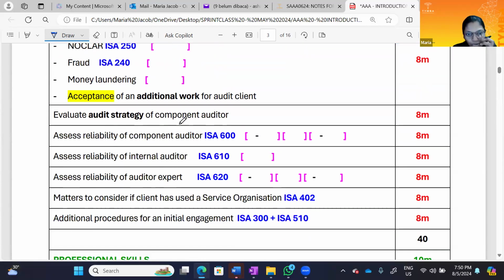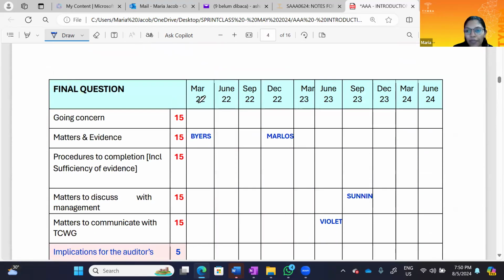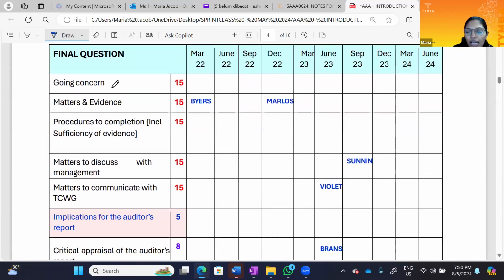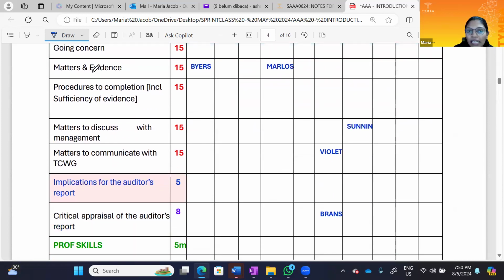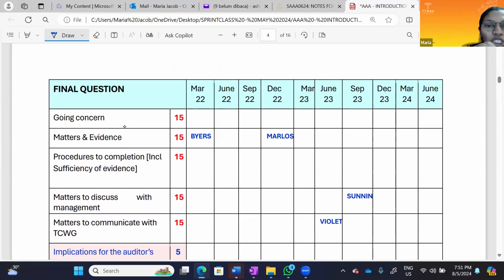Now let's look at what we can be examined in question 2. This is what we have in the past, March 2022 to June 2024. You can be examined on going concern, methods and evidence, procedure to completion, basically all these finalization questions. Your question 2 or 3 can be a question on finalization.